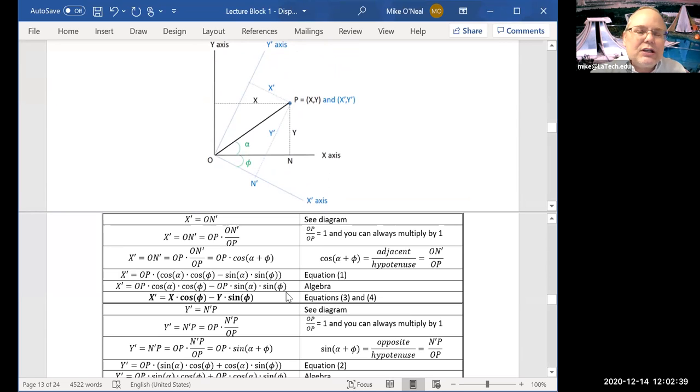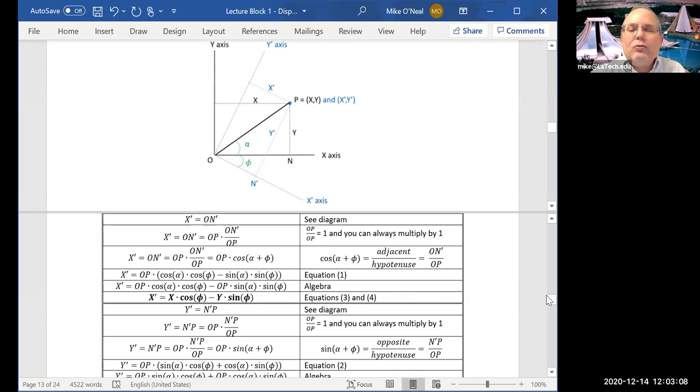Well, that's interesting, because equations 3 and 4 said that OP times cosine alpha was just x, and OP times sine alpha was just y. So from equations 3 and 4, x prime equals x times the cosine of the angle phi minus y times the sine of the angle phi.